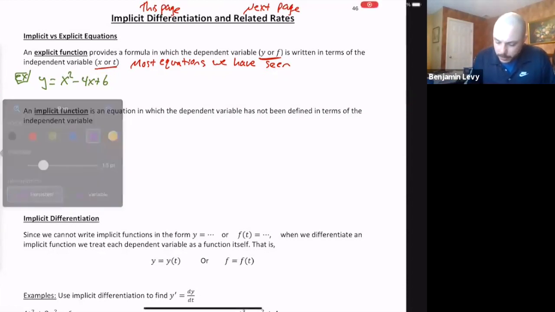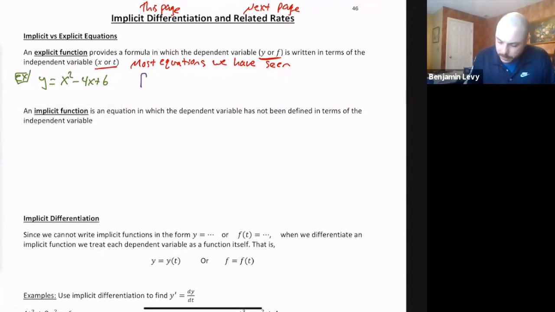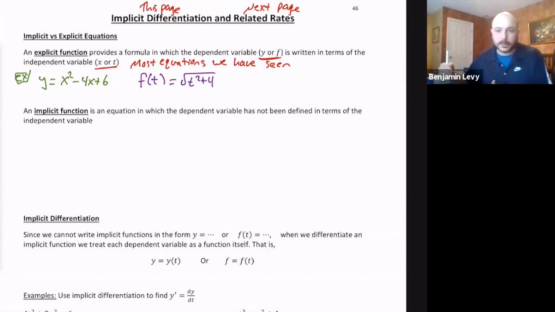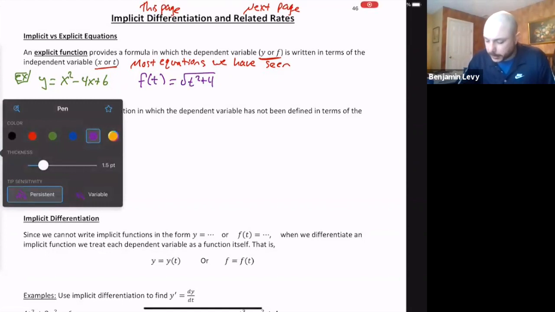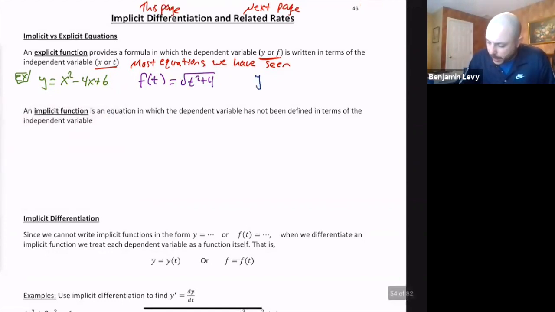Or how about some f function? Sometimes you write the dependent variable as f, right? So f of t equals square root of t squared plus 4 or something like that. The f is on one side, the t is on the other side. Or we can do y and t's as well. So how about something like y equals t squared minus 1 over t squared plus 1.